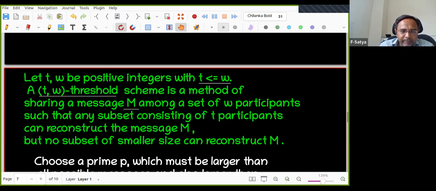A (t, w) threshold scheme means we'll not share the message m as it is. We'll create shares and give them to w people. w may be any number, but w is greater than or equal to t. Then if any t people come, they can get the message, but fewer than t cannot. Then we call that a (t, w) threshold scheme.